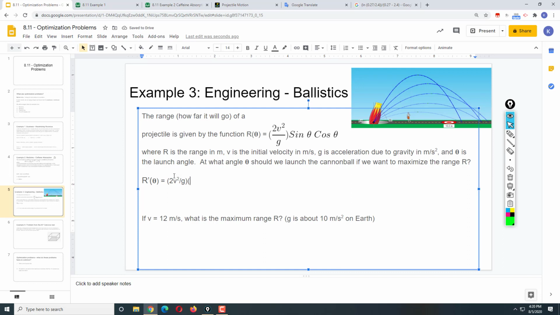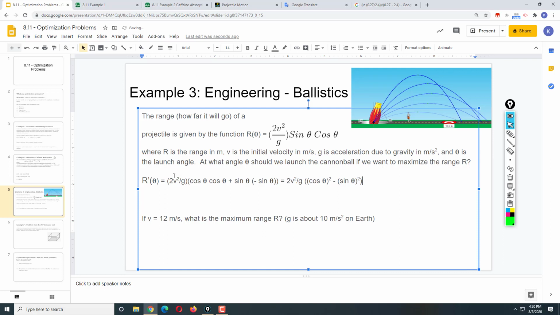We apply the product rule, so the derivative of the first term, which is cosine theta, times the second term, which is cosine theta again, plus the first term times the derivative of the second term. The derivative of cosine is negative sine. So this gives us 2v squared over g times cosine theta squared minus sine theta squared.